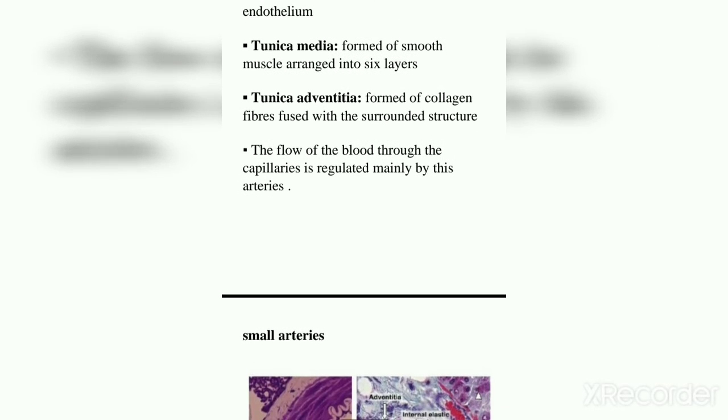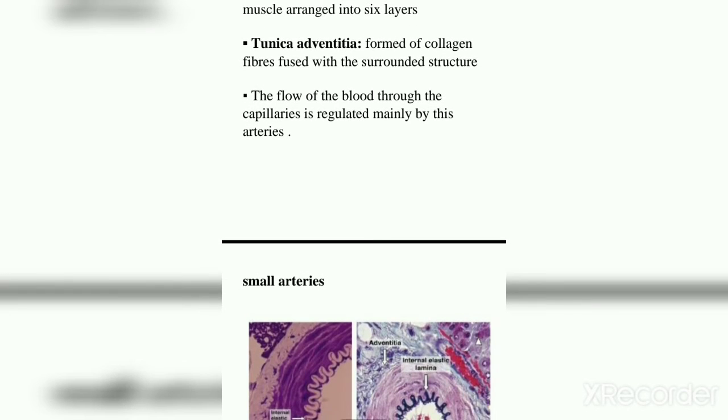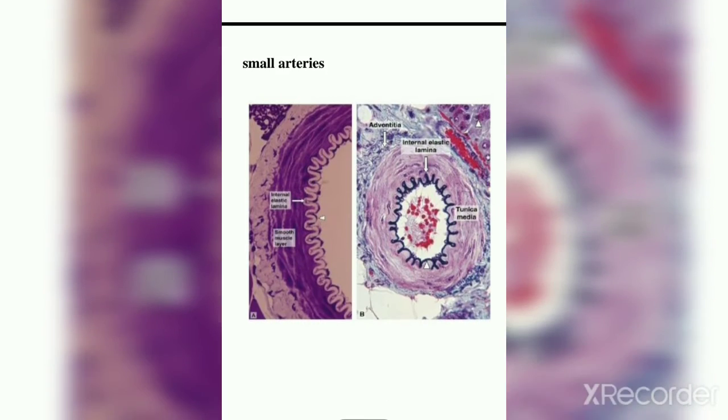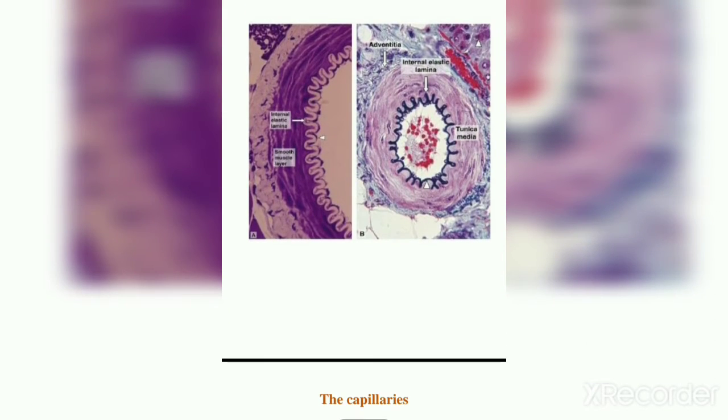The tunica adventitia is formed of collagen fibers fused with the surrounding structure. The flow of the blood through the capillaries is regulated mainly by these small arteries.